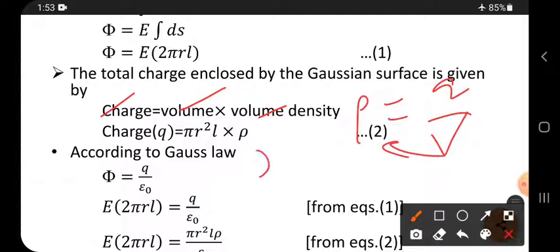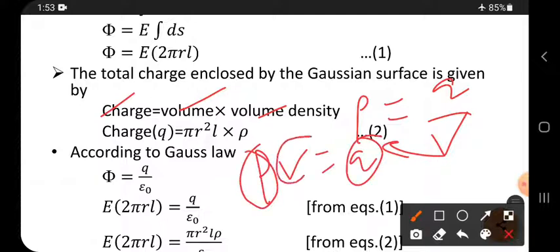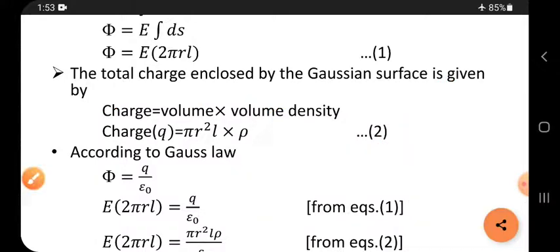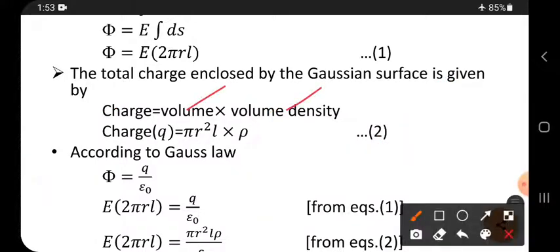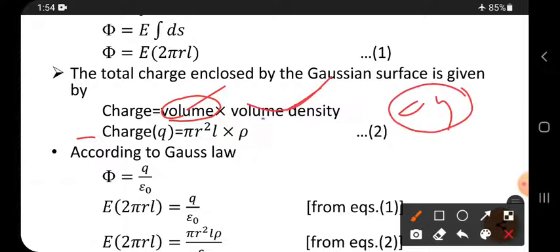So charge q equals charge density into volume. The volume of the Gaussian surface, which is cylindrical, is pi r square L, into the volume density rho.